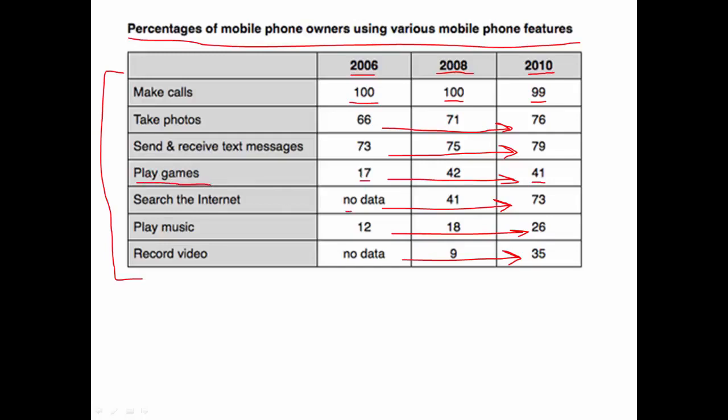Search the internet from 0 to 73, so that's massive. 12 to 26, this is not significant, and 19 to 35, that's not very significant. So searching the internet is our third thing. Searching the internet showed the biggest increase from 2006 to 2010, and they are our 3 key features.